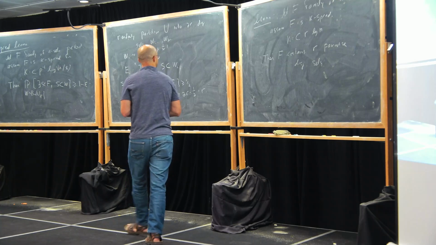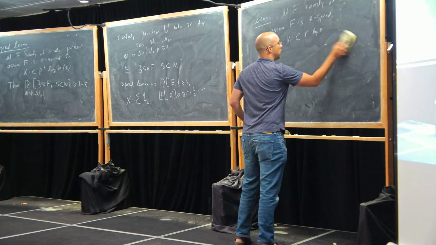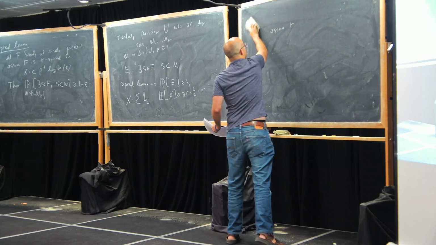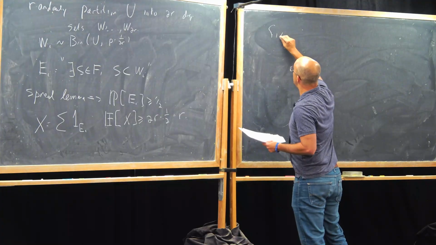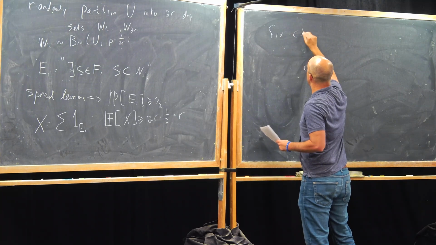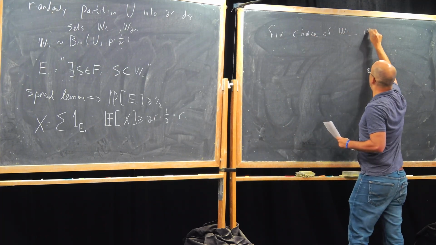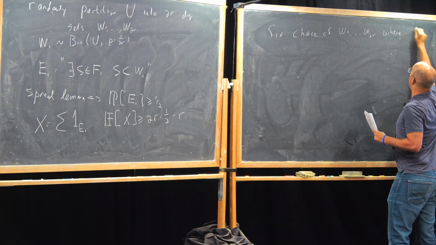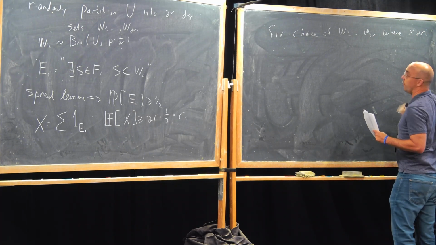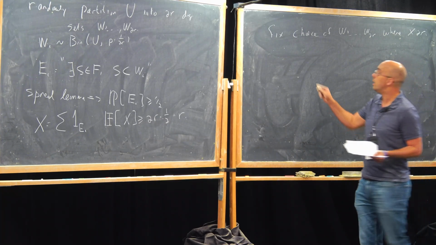Let me just write this down so it's clear. Fix some choice of W1 up to W2R where X is at least R, because the expectation is at least R, so some outcome makes it happen.